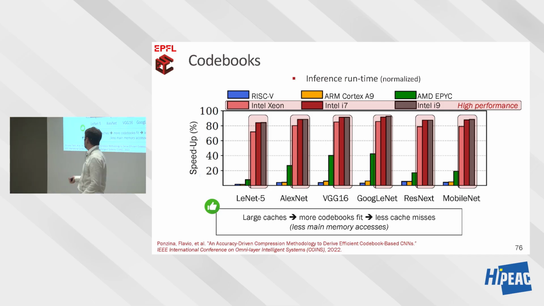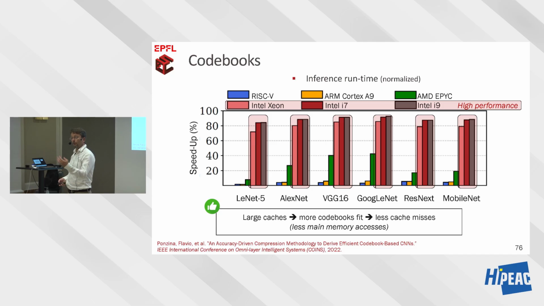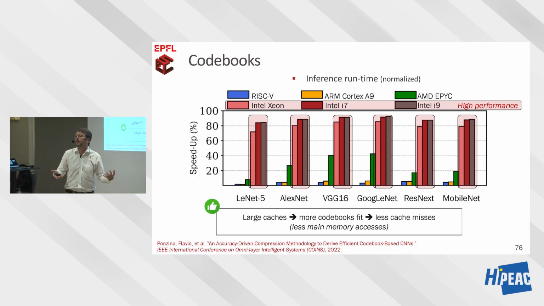Well, the answer is actually here. If we're using 4 bits for our indexes, we can fetch multiple indexes as part of a single word. And this increases quite dramatically data locality and decreases the number of cache misses for a given cache size.